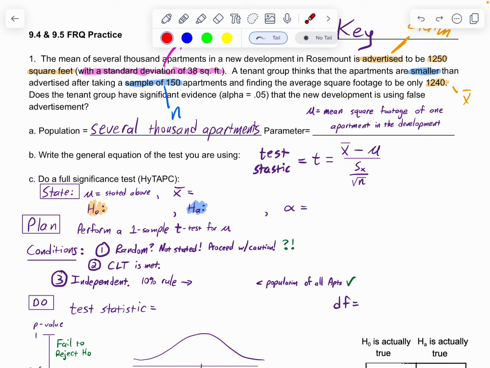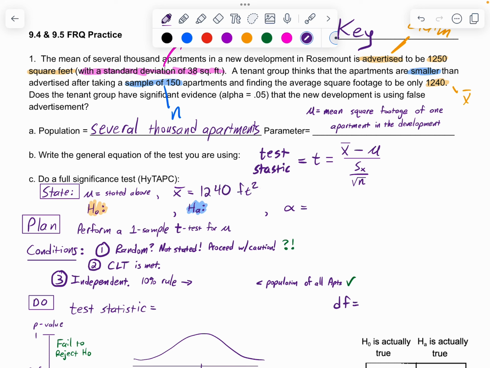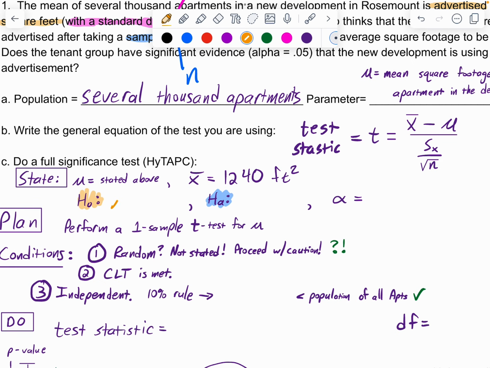So, state, mu, we just did that above. X bar, that was the 1240 that I highlighted a moment ago in orange. The sample result was 1240 square feet. The null, I highlighted that. That's what they're advertising. They're advertising that mu is 1250 square feet.